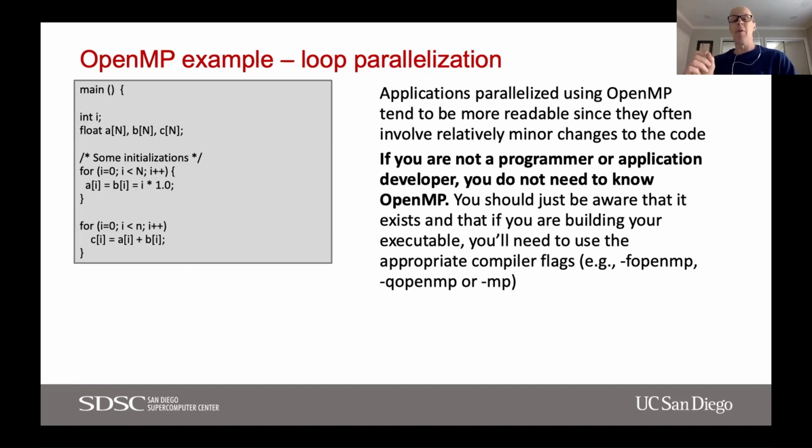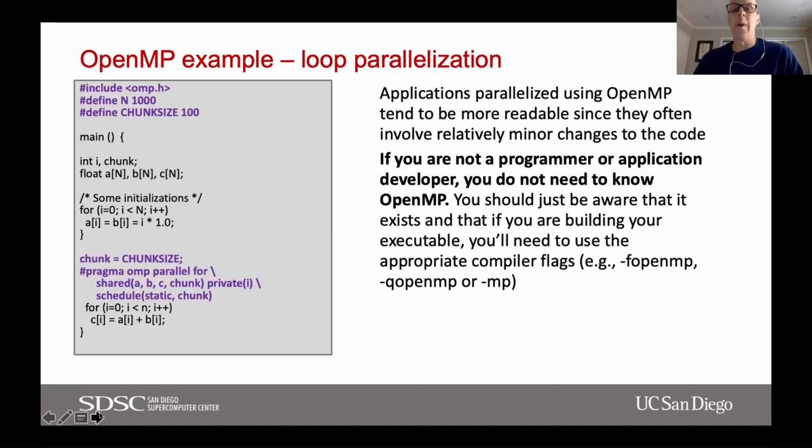Again, if you're not a programmer, you do not need to know OpenMP, but you do need to be aware that if you have a code that's been parallelized using OpenMP and you need to build your own executable, you're going to need to use the appropriate compiler flags. Unfortunately, these vary from compiler to compiler.